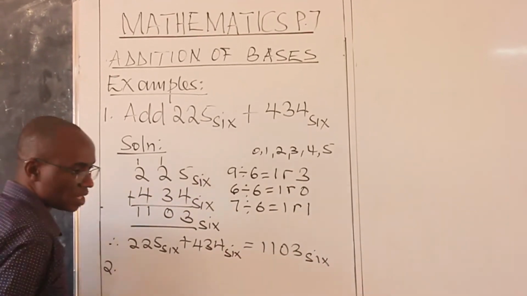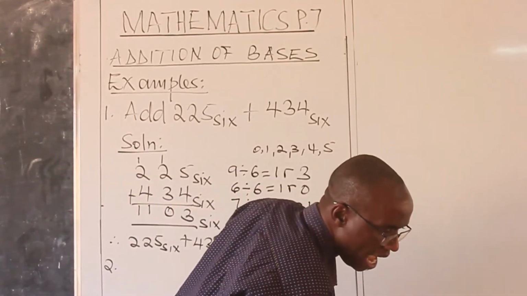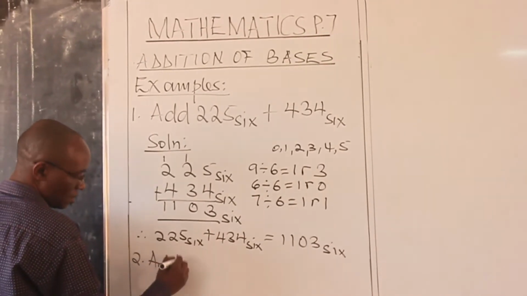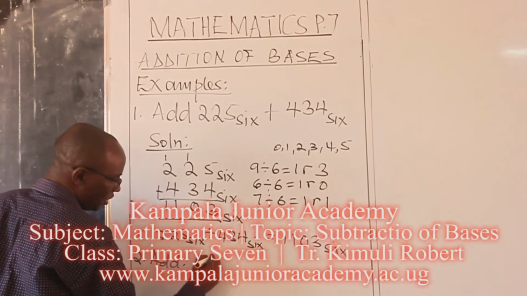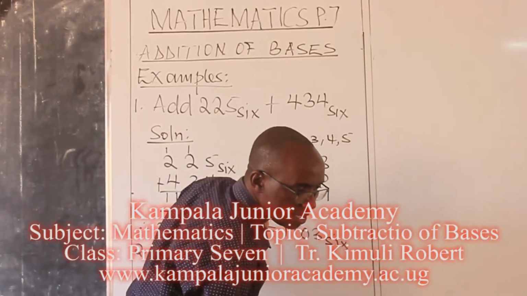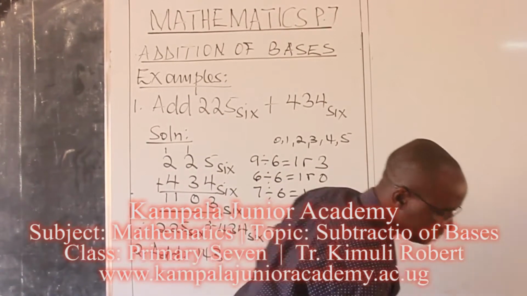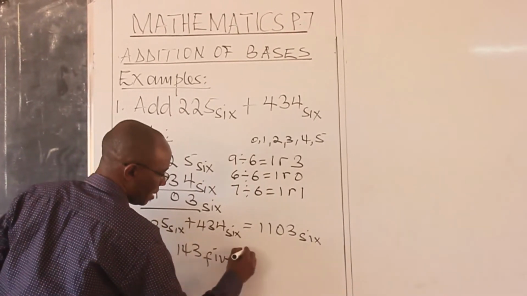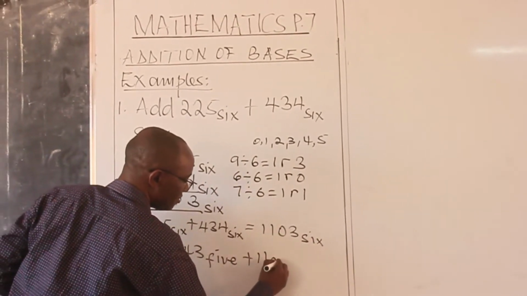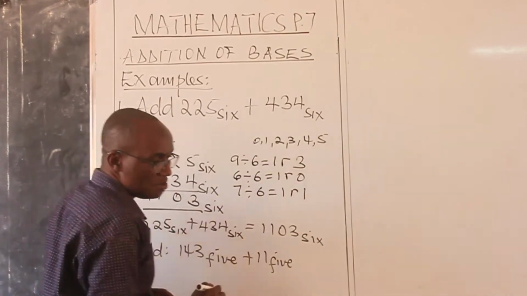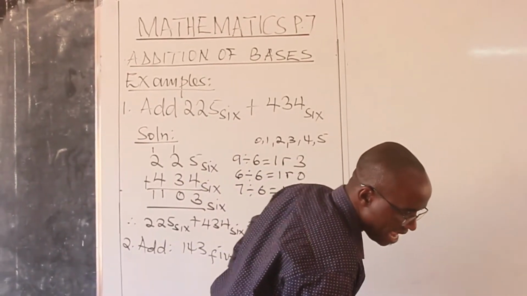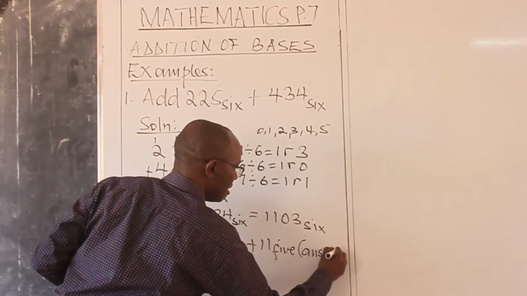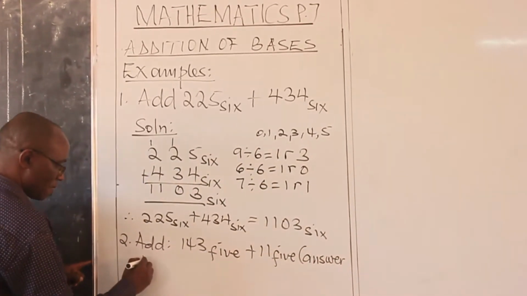Example 2 is: add 143 base 5 plus 11 base 5, then in brackets, answer in base 10.